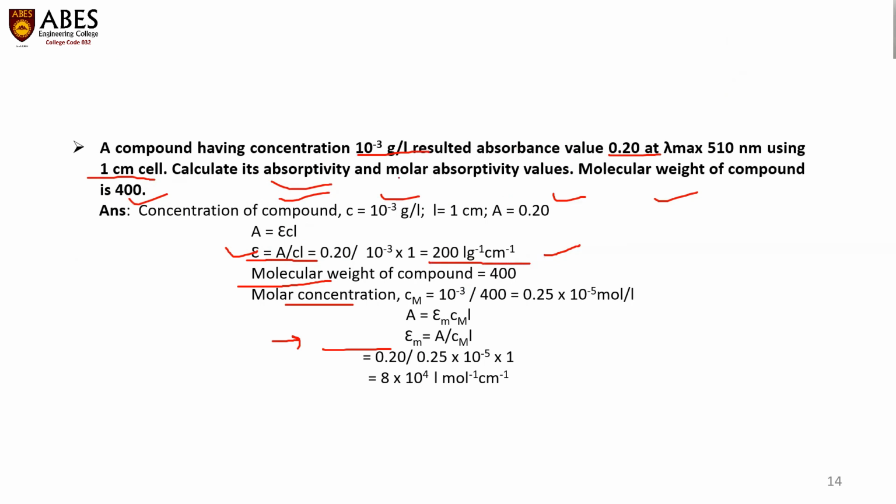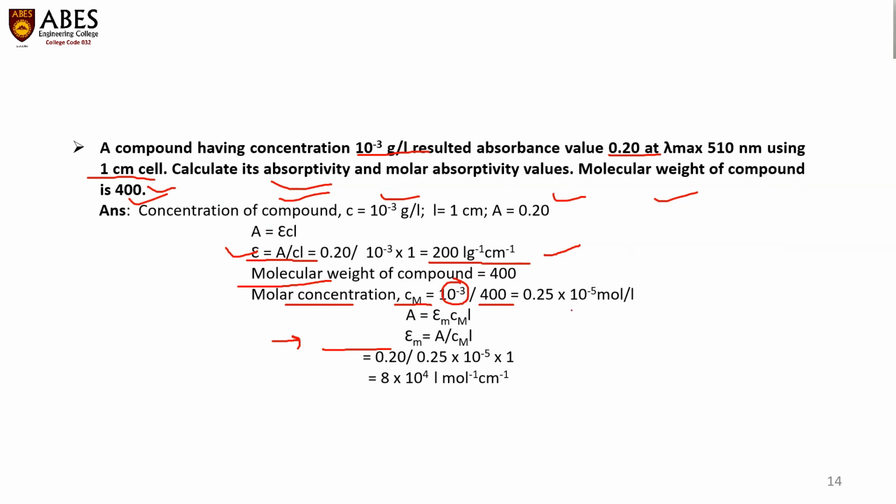We know that to calculate the molar absorptivity coefficient, we have to calculate the molar concentration by dividing the concentration by molar mass. Molar mass is already given, 400. Then we divide the concentration 10 to the power minus 3 gram per liter by 400.